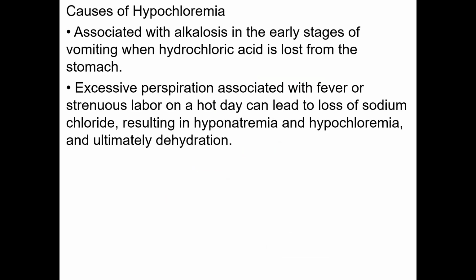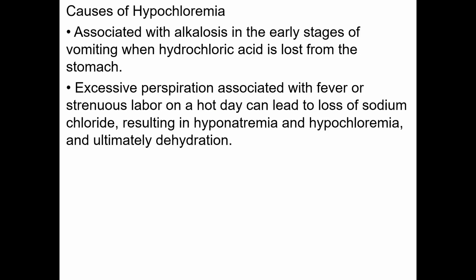Causes of hypochloremia are associated with alkalosis in the early stages of vomiting when we're losing a lot of hydrochloric acid, and excessive perspiration associated with a fever or strenuous labor on a hot day. And this can lead to hyponatremia or hypochloremia and dehydration.